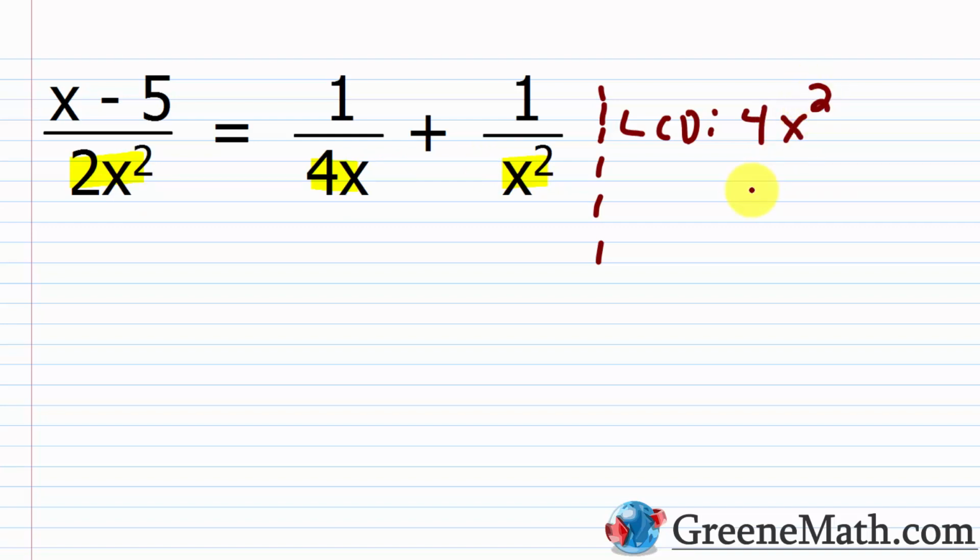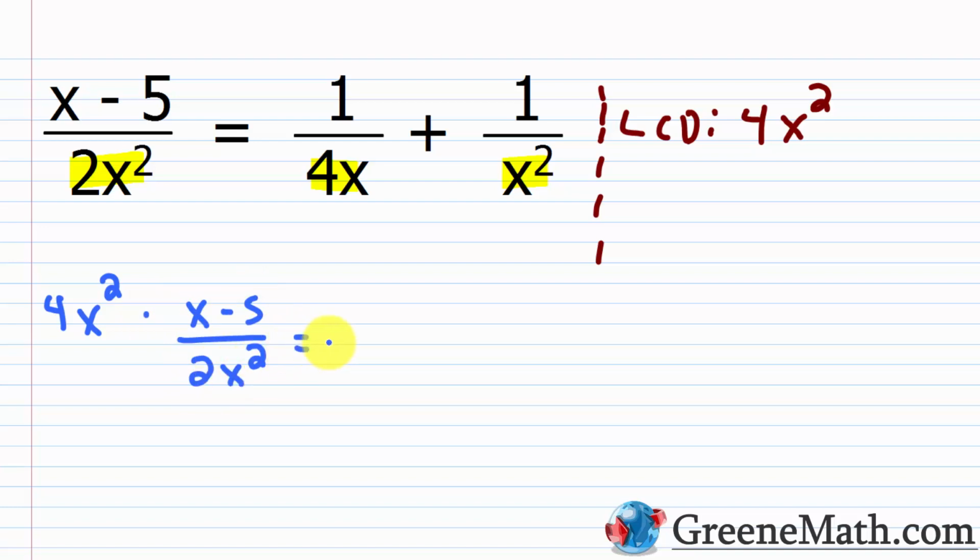Now that I have my LCD of 4x squared, I'm just going to multiply both sides of the equation by the 4x squared. So let's set this up. We would have 4x squared being multiplied by (x minus 5) over 2x squared.